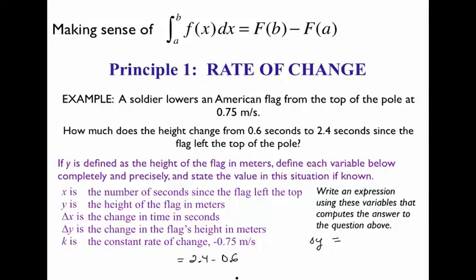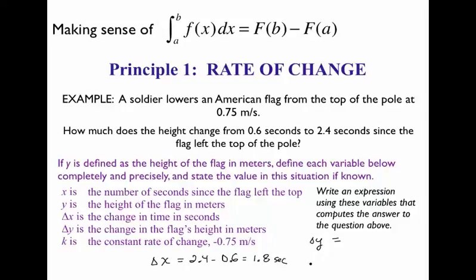It's x final minus x initial. Right, and that's computing what? The number of seconds the flag's being lowered. Is it delta x? Delta x. Okay, and then you said that is 1.8.